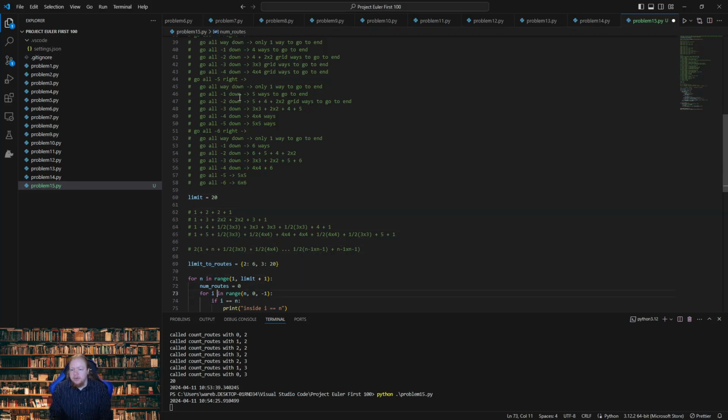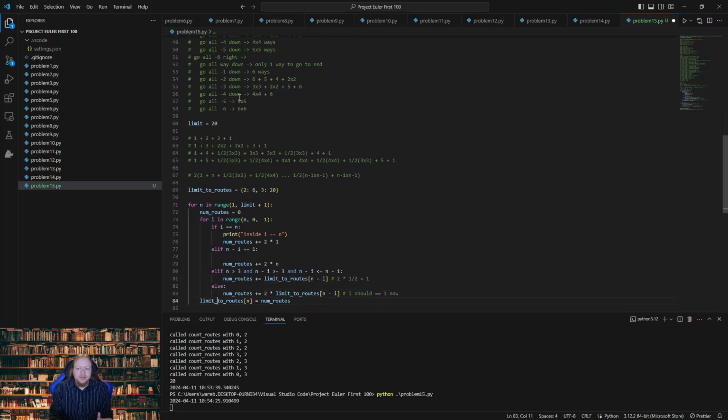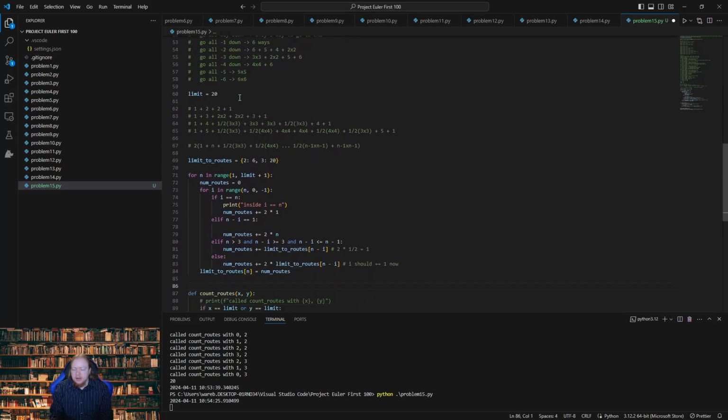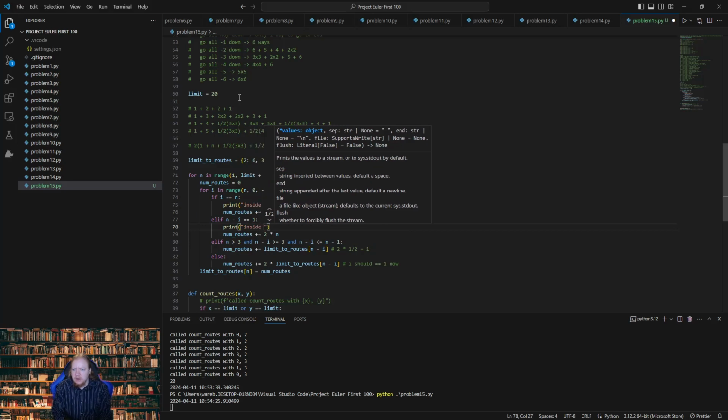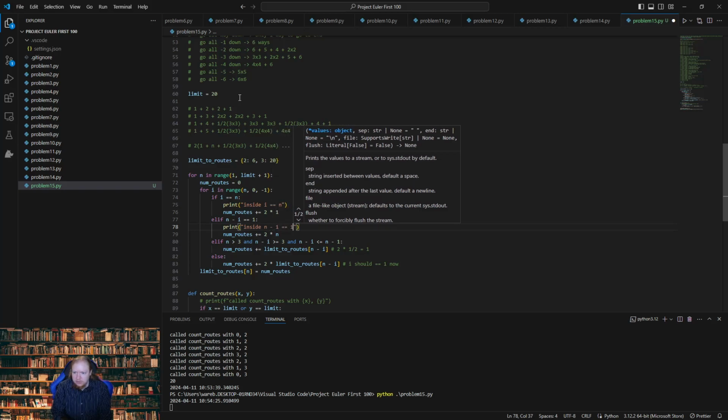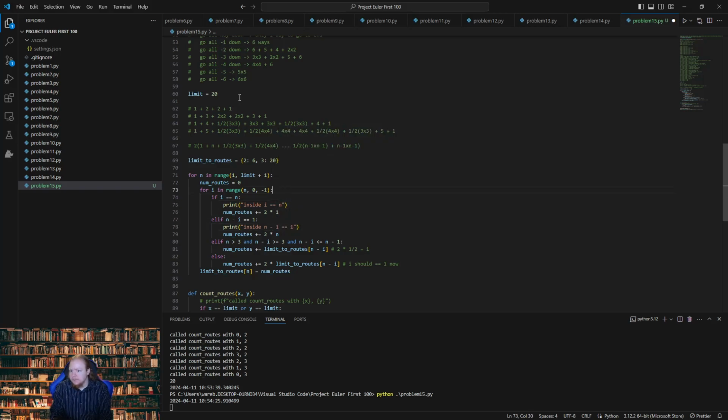I might want to go delete those other notes, but I might leave them just to show some thinking. Okay, so what we should see is print inside n minus 1 equals 1, or n minus i equals 1.